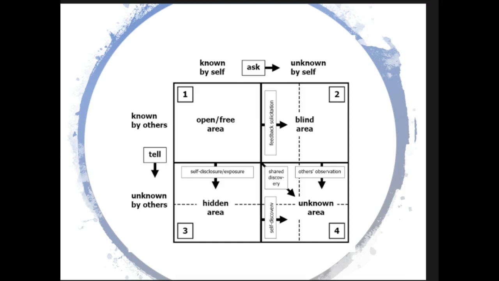How often do people have blind areas where we have not given them feedback or helped them improve? Do people keep secrets from one another in that group? Has the group spent enough time discovering together and really working on their maintenance behaviors to shrink that unknown or undiscovered area?